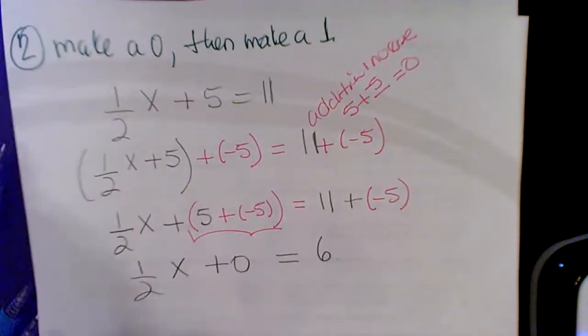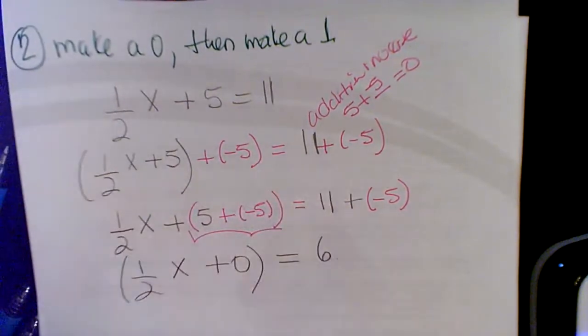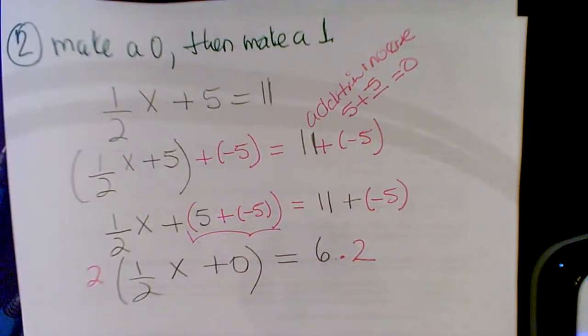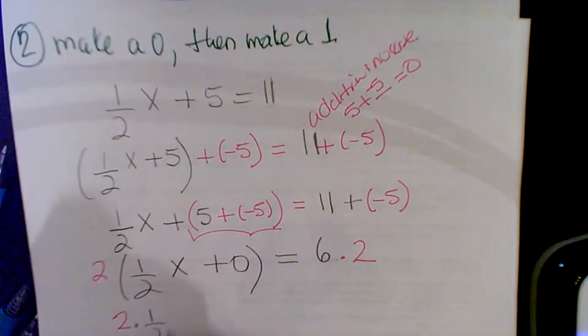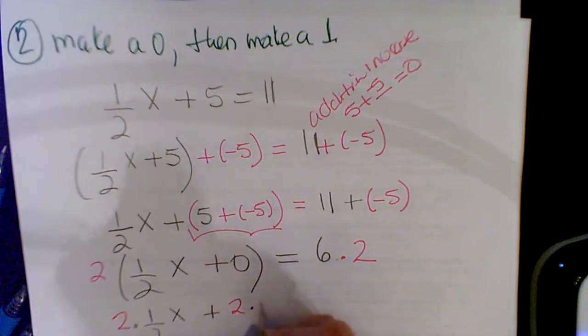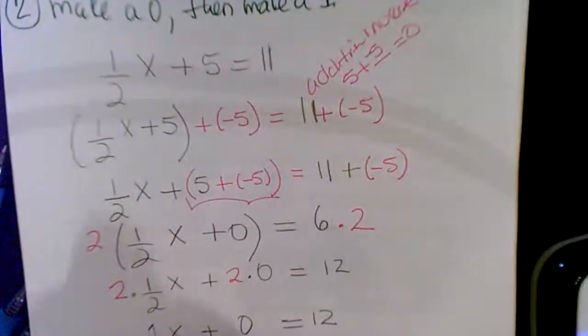How do we make the 1? So I need to multiply this by 2. 2 times 1/2 x plus 2 times 0 equals to what? To 12. So we're going to have 1x, and this is what? 0 equal to 12. And this is the same as, remember, x equal to 12.